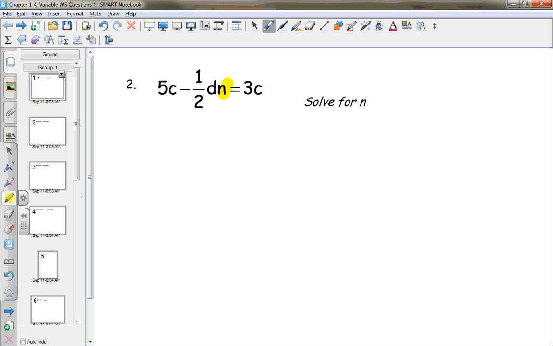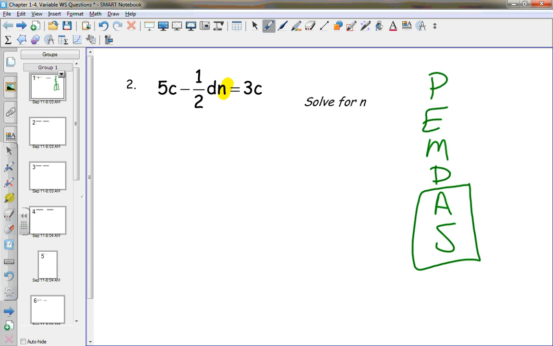But whenever you're doing equations, what we're talking about stepwise is PEMDAS. So what was the last thing that they did? According to PEMDAS, what is the last thing that they did? The last thing they did is addition and subtraction, because remember, those work from left to right.